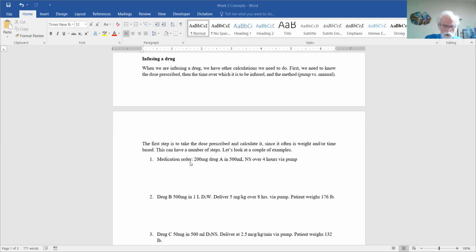We are told that we're going to be delivering 200 milligrams of some drug in 500 milliliters of saline over 4 hours via pump. This is the only thing that counts. When looking at this, it doesn't matter how much drug is in the bag. We're delivering a volume, so this is merely a volume rate problem.